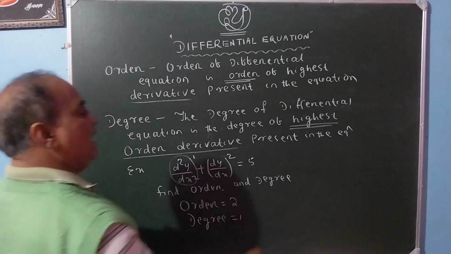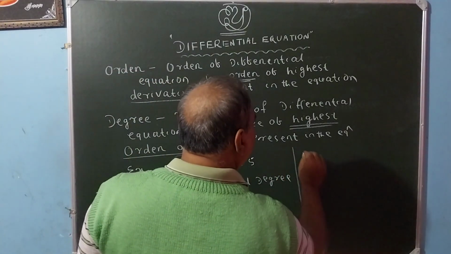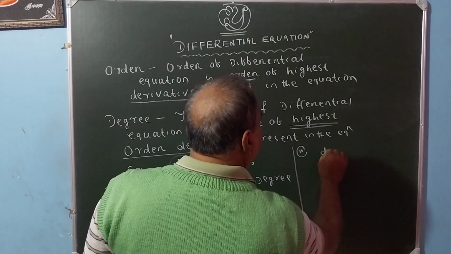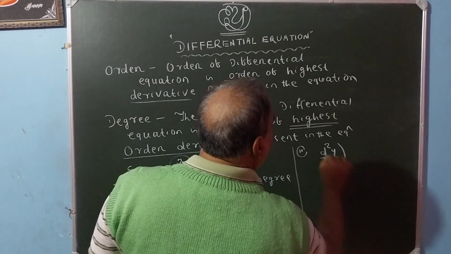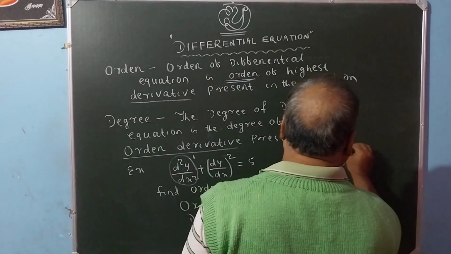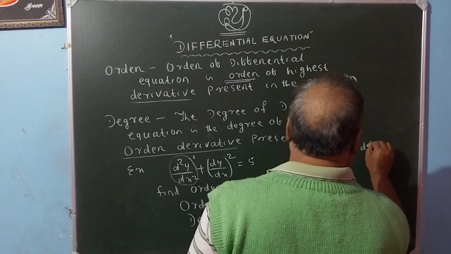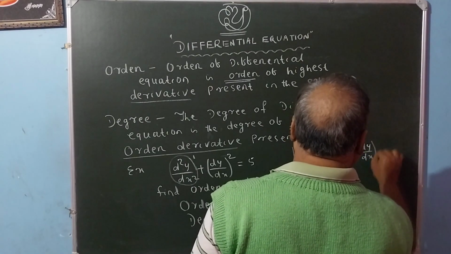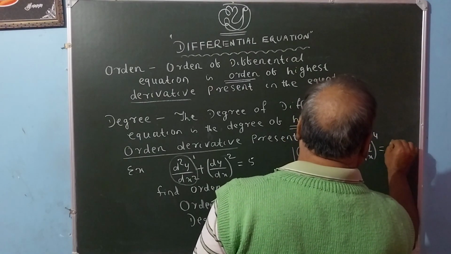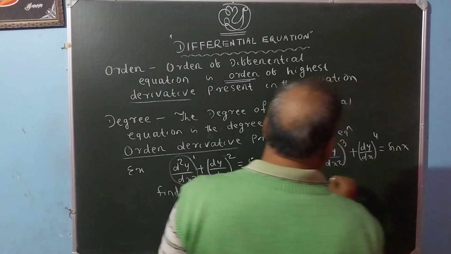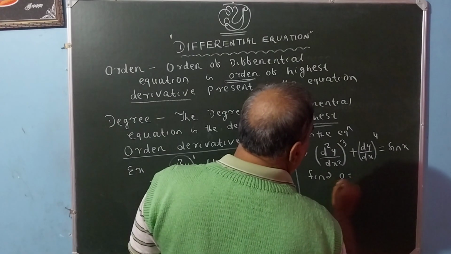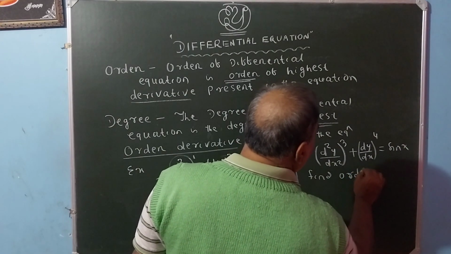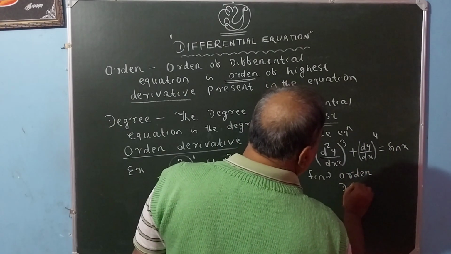Then let us take another question. Question number 2. (d square y by dx square) cube plus (dy by dx) to the power 4 is equal to sin x. Find order and degree.